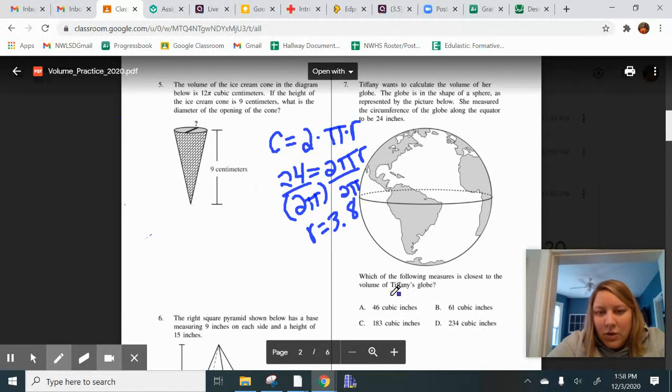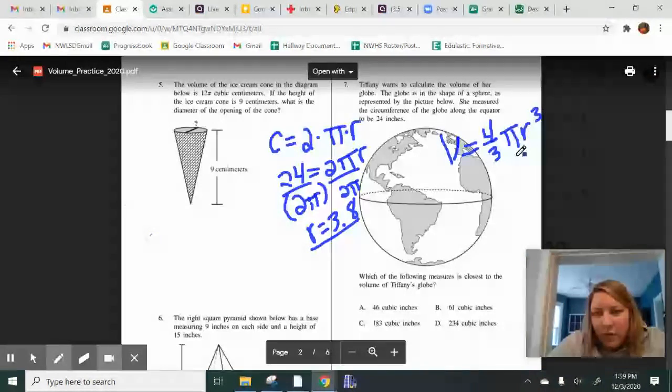So now I can use this 3.8 and plug it into the volume formula, which is 4/3 pi r cubed. Okay, so we're just going to plug in 3.8 cubed.